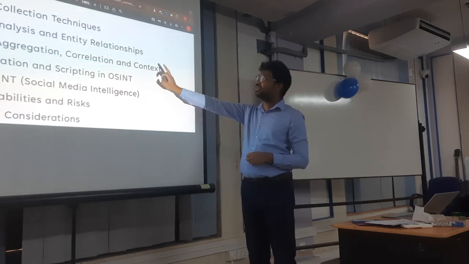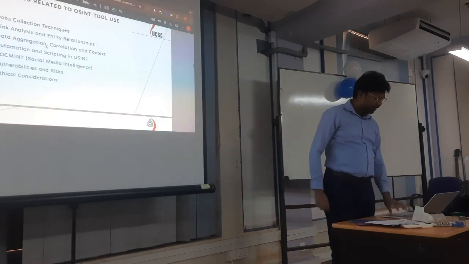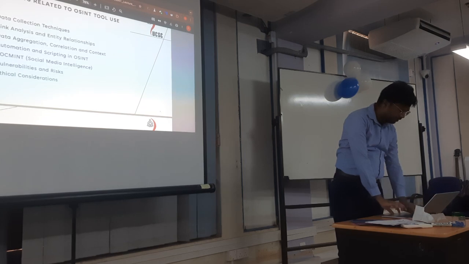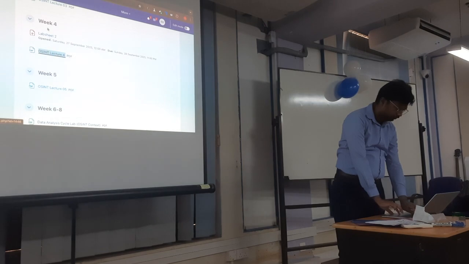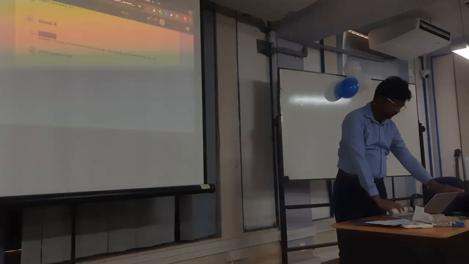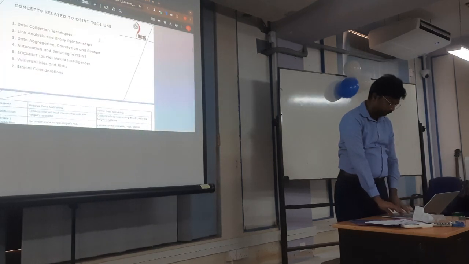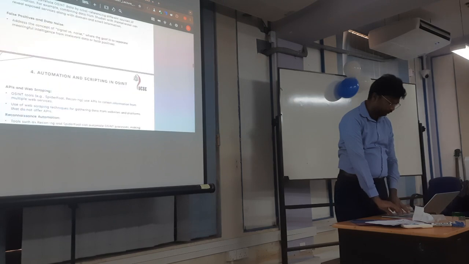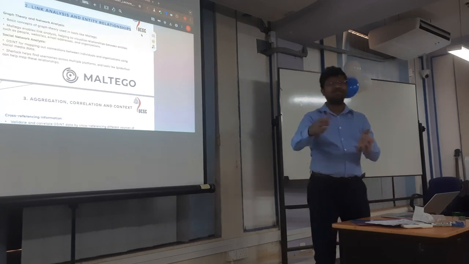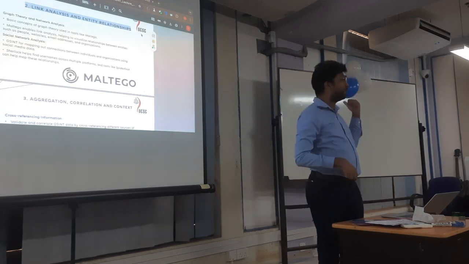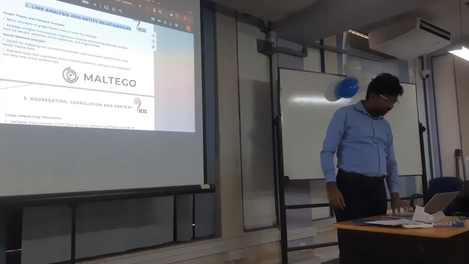And data aggregation, correlation and context, again, for all of these things we did labs and covered theory. Maltego is what we did for link analysis. We did both on paper, and we also used Maltego. I showed how Maltego actually supports link analysis.